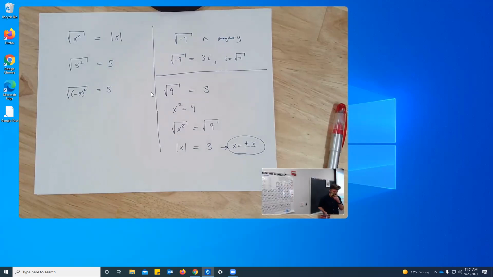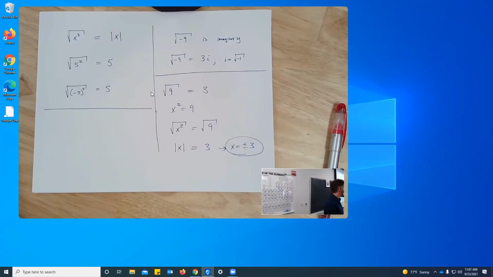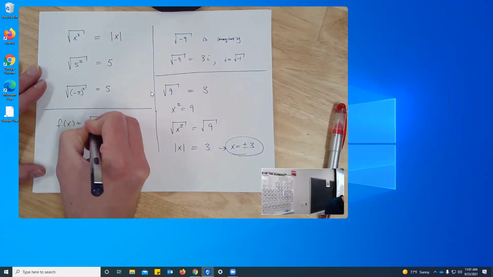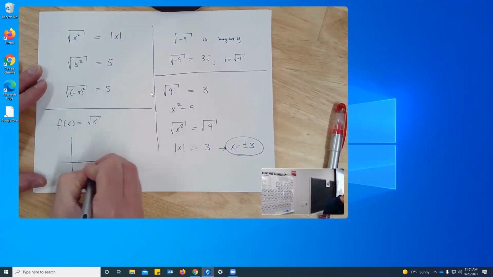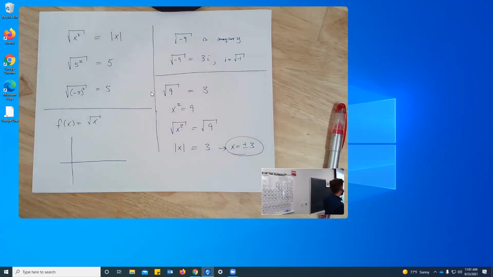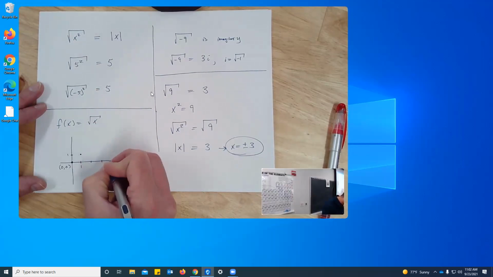A lot of that's because we want this to be a function, and we want the graph to pass the vertical line test. When I take the square root of 0, I get 0. The square root of 1, I only get positive 1. The square root of 4, I only get positive 2.